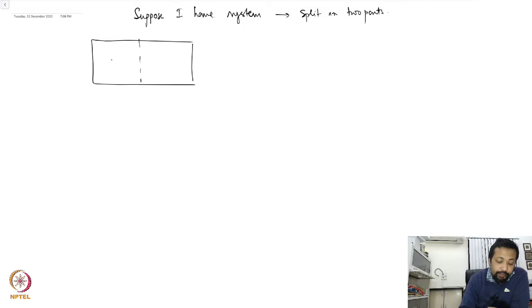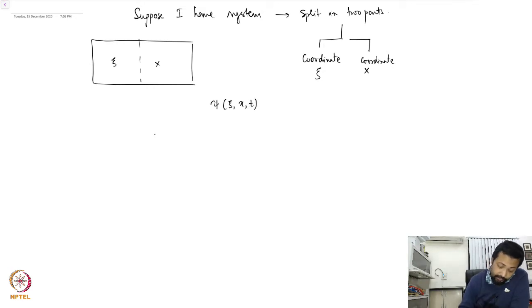In one of the parts, the coordinate is ψ, and in the second one the coordinate is x, right? So the total wave function of the system is ψ(x, ψ, t), and I know that the evolution of this wave function is governed by the Hamiltonian of x and ψ, right?